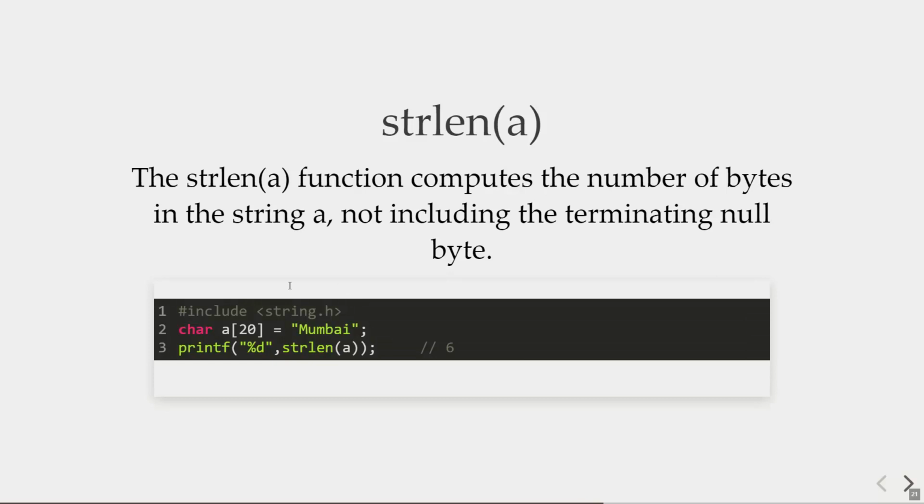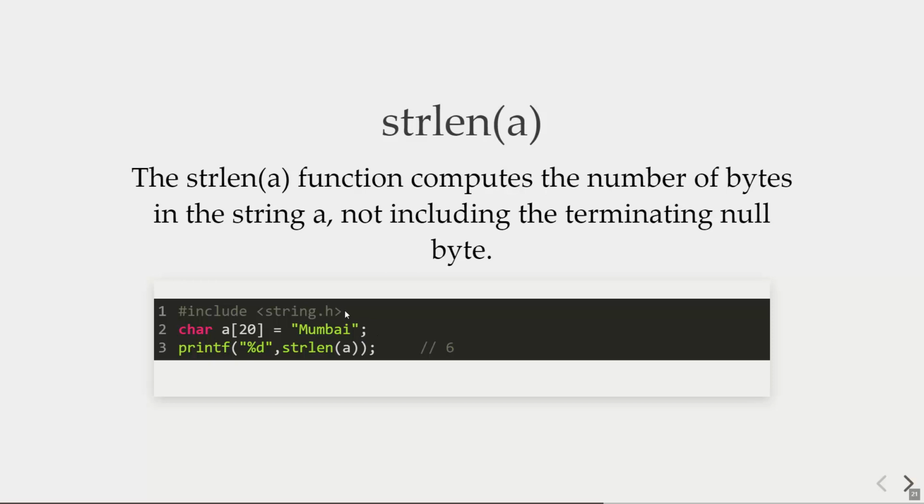Always remember, if you want to use any of the functions in the string.h library, you have to include this header on top. So you just include this, then inside your main you define your character array.